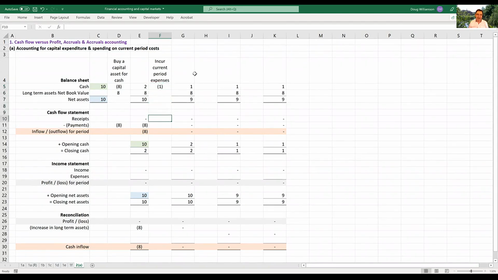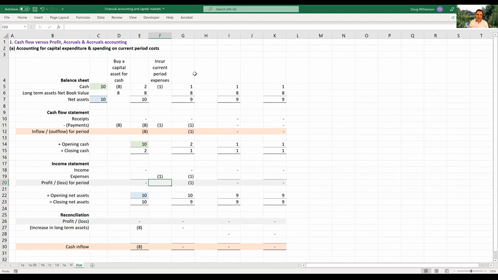This is another payment. This time we're recognizing an expense in the current period. So our expenses, our expenditure in the current period is 1.